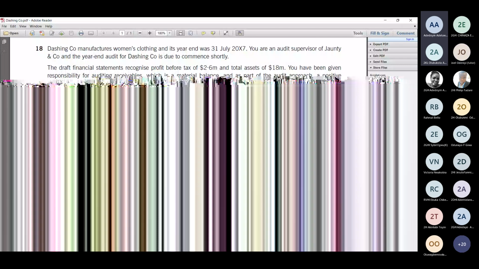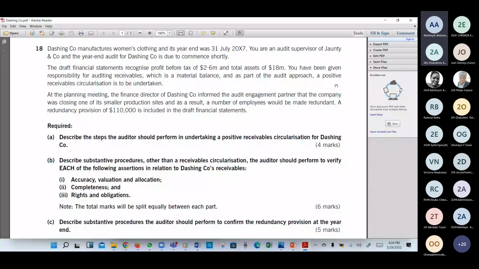Then I would say that when they are sending out the circularization, it should be on Dashing Co's letterhead. Then I would also say that when they want to get the response, it should go to the audit firm and not the client, maybe in an envelope or in a document.